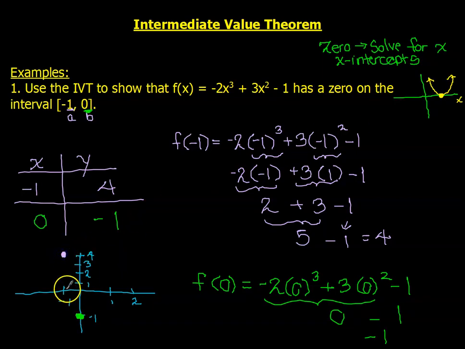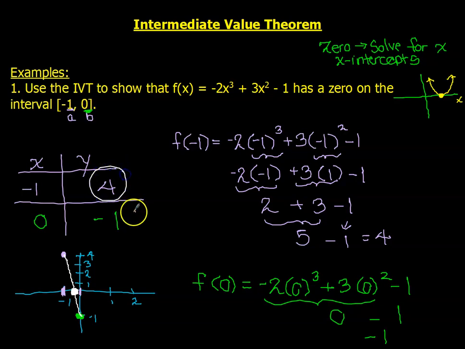Somewhere between x is -1 and x is 0, I had to go from this point to this point. So somewhere between these two x values, I crossed the x-axis. Remember, any point that touches the x-axis is known as the x-intercept. That's where the zeros are. That's when you solve for x, where the x values are. So that's how we showed that there is a zero between the interval -1 and 0.